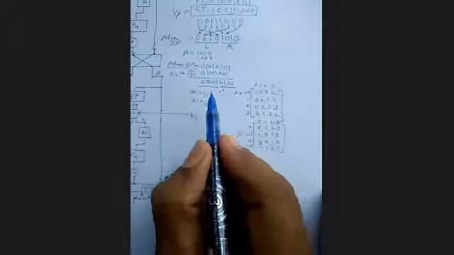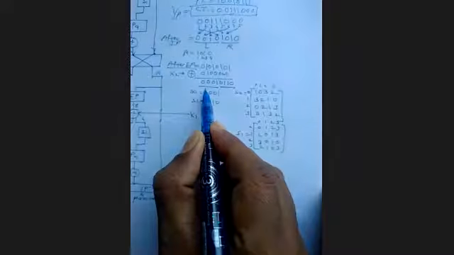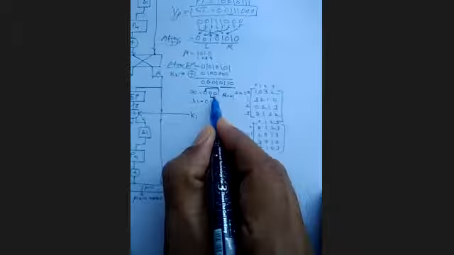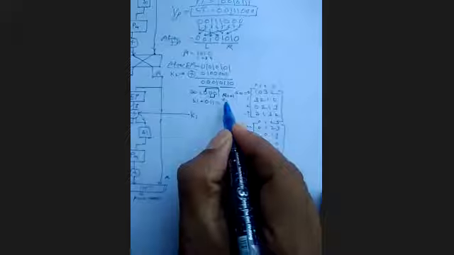Now what they say: the first element and the last element of this S0 input are considered as the row. Suppose I consider the row R as 0, 1. And then for the column you have to consider the middle two, so the column C is 0, 0. So that is my row and column.